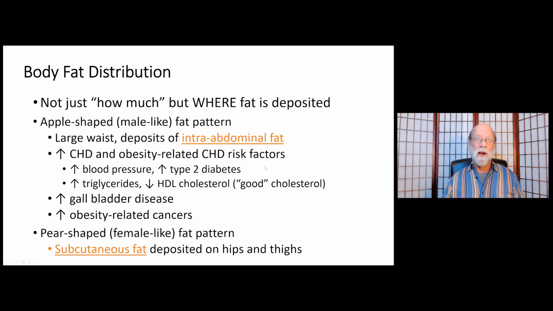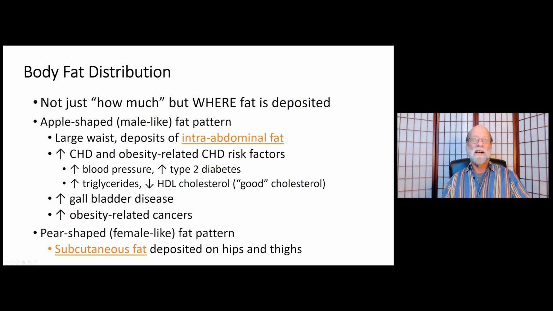And I do want to just recognize that we've put a lot of effort in the healthcare system into measuring and using BMI, but it's not necessarily the perfect measure of body fat distribution.